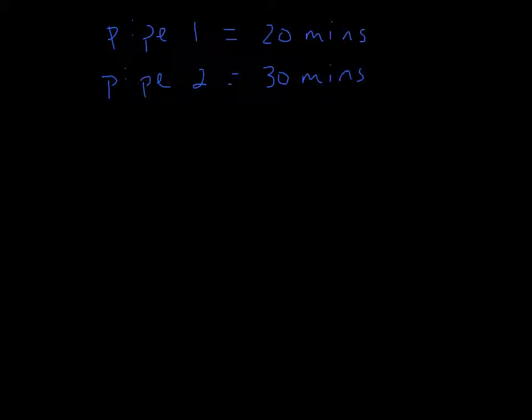So pipe 1, if we talked about just 1 minute worth of time, it would do 1/20th of the job. And pipe 2 would do 1/30th of the job in 1 minute, right? So let's do 1/20th plus 1/30th is equal to the one part of the job that'll be done in 1 minute.